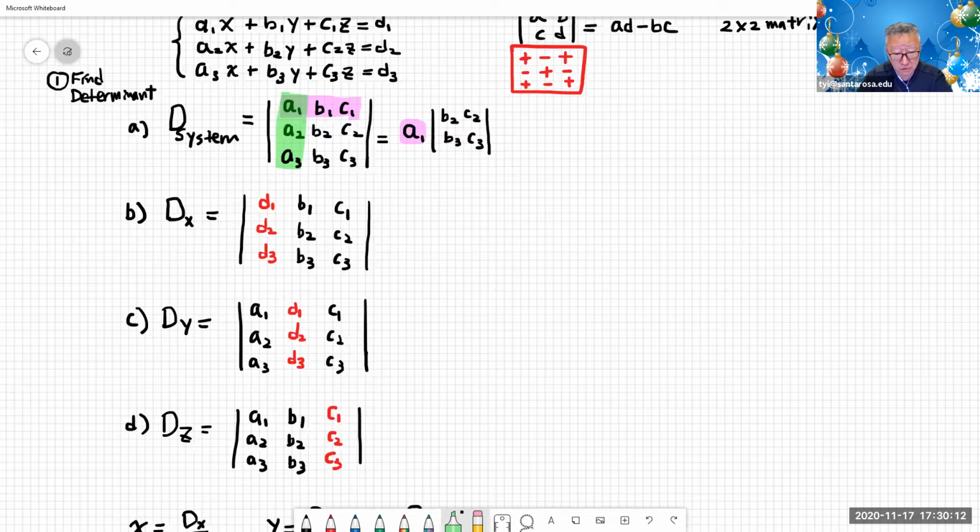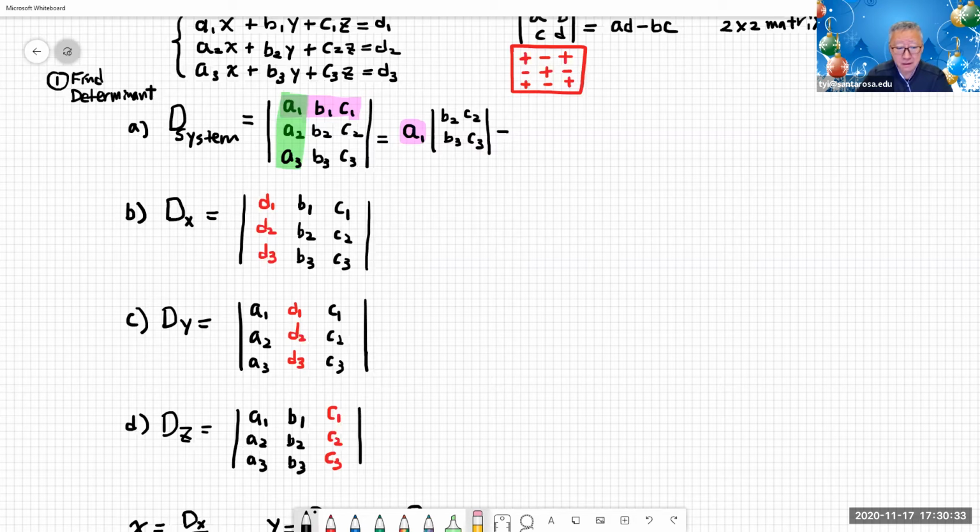So you see that B2, C2, B3, and C3. Because I'm using the first row, I have to follow the sign convention up top here. So you got plus, minus, plus. The next one is going to be minus.